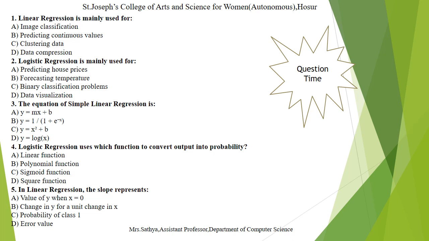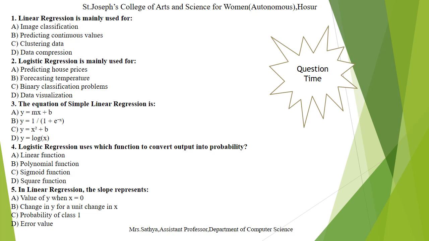For reducing the error, we already know the formula: actual value minus predicted value gives the error value.